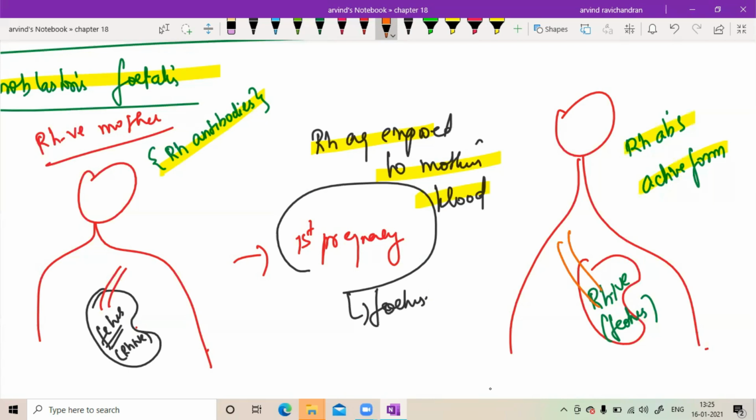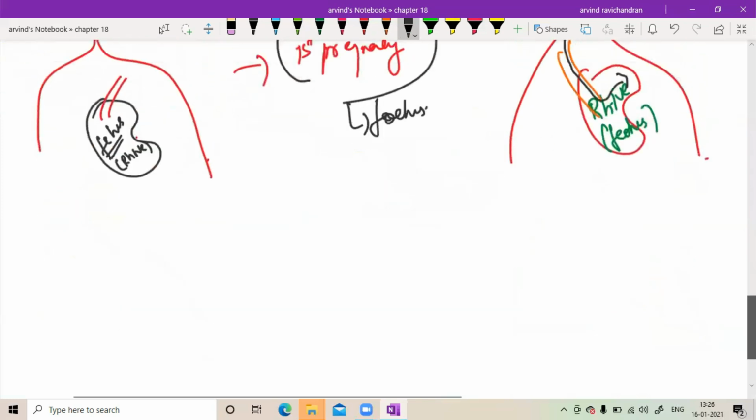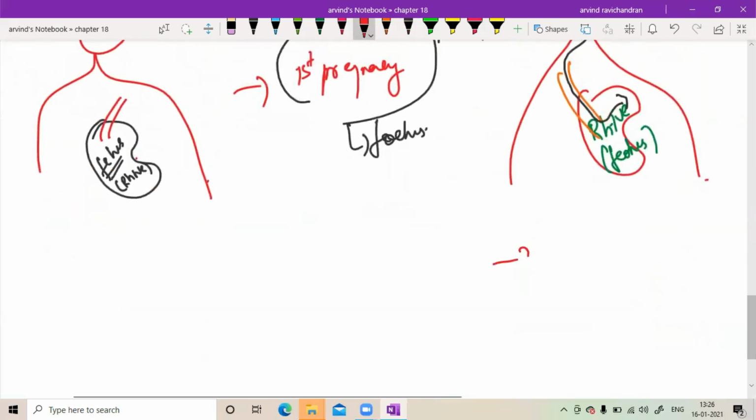So what will happen now? These antibodies, along with all the nutrients, will enter the fetus via the placenta. Pity fetus, it is Rh positive, so it has Rh antigen. These antibodies are in an aggressive state, so they will attack all these fetal RBCs. And if the fetal RBCs are attacked, as a result of RBC destruction, you all know, the major symptom is anemia.